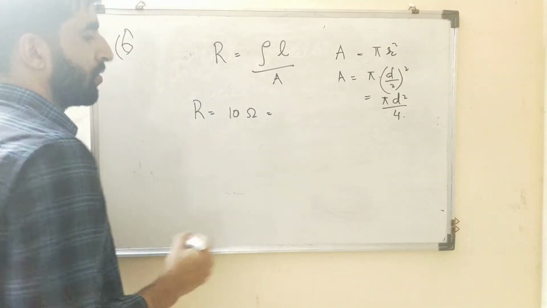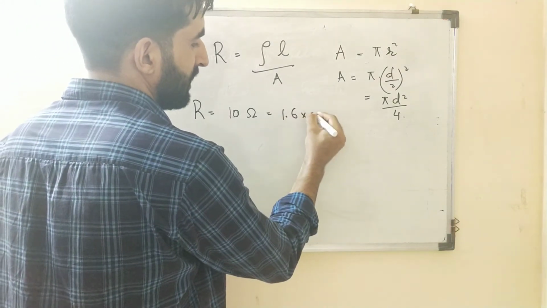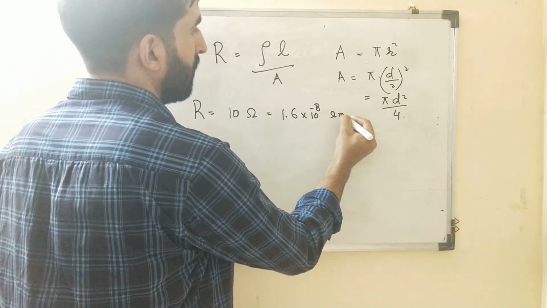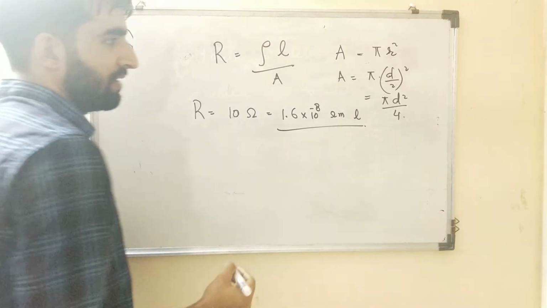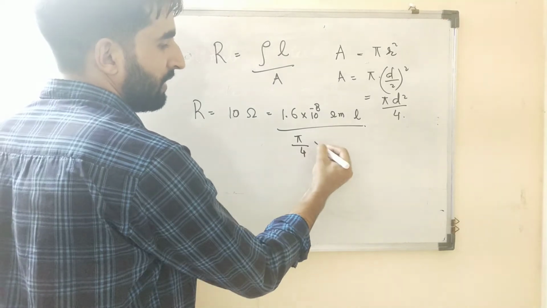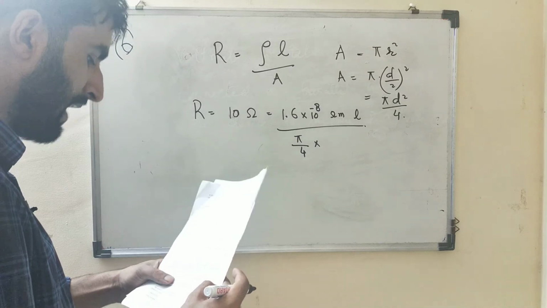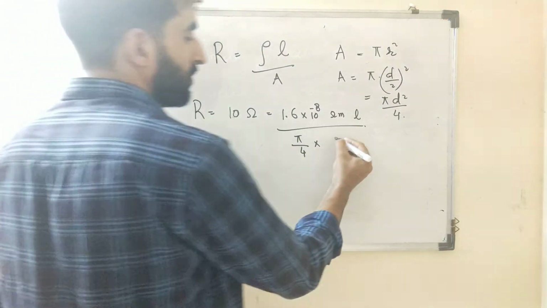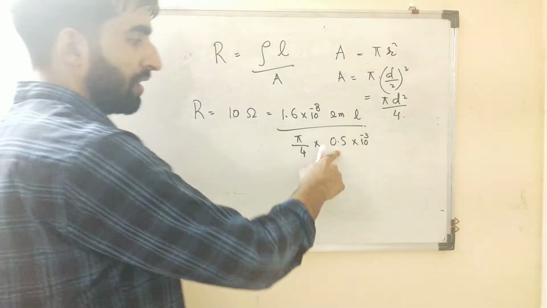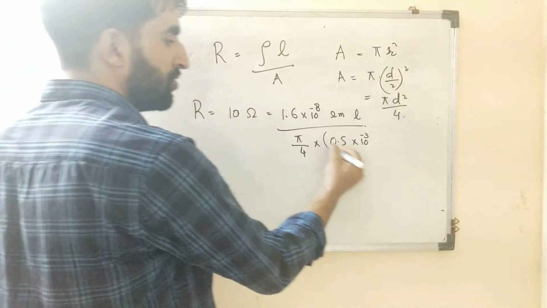This will be equal to rho, दिया है आपका 1.6 into 10 raised power minus 8 ohm meter. आपको लेंथ निकालनी है डिवाइडेड बाय क्रॉस सेक्शनल एरिया दिया है आपका. सो दैट इज इक्वल टू पाई बाई 4 डी स्क्वायर आपका दिया है. सो डायमीटर इज 0.5 mm. सो दिस इज 0.5 into 10 raised power minus 3 meter. सो यू हैव टू कन्वर्ट इनटू मीटर्स. mm दिया है तो आपको मल्टीप्लाई करना पड़ेगा 10 raised power minus 3. सो यू हैव टू स्क्वायर इट.